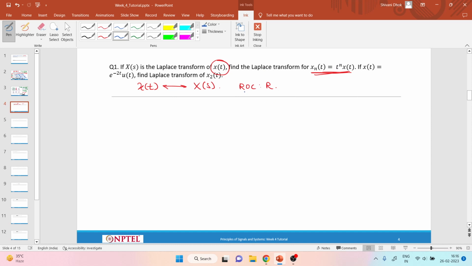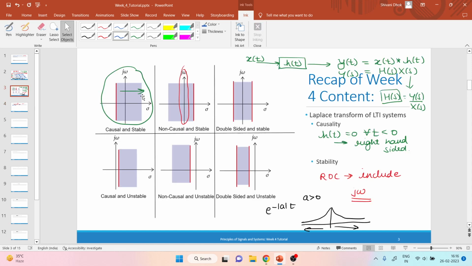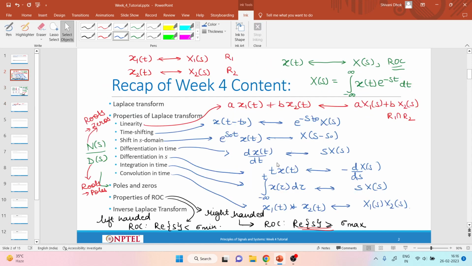So now suppose my region of convergence is R here, and my x_n(t) is t^n x(t).